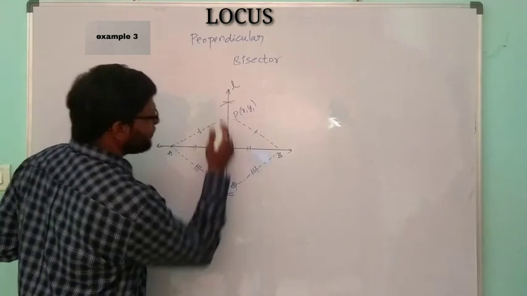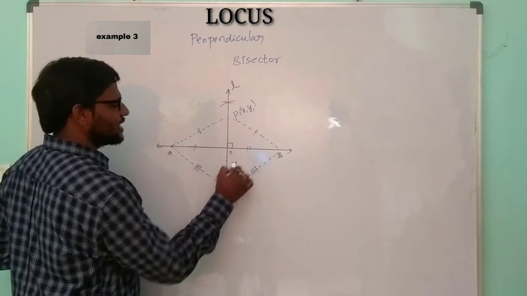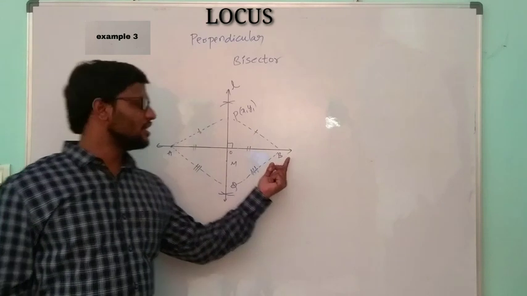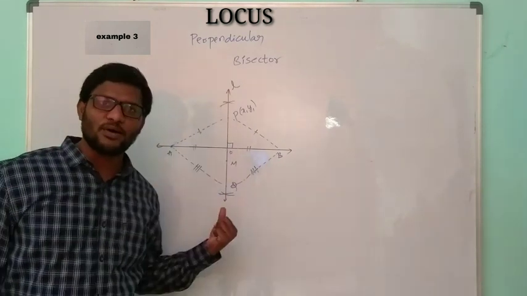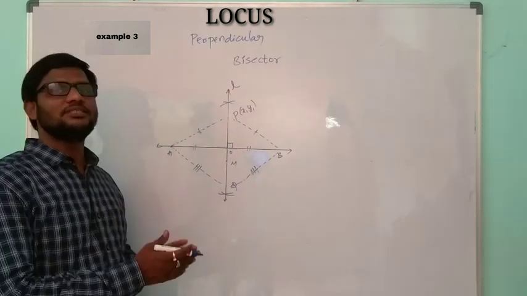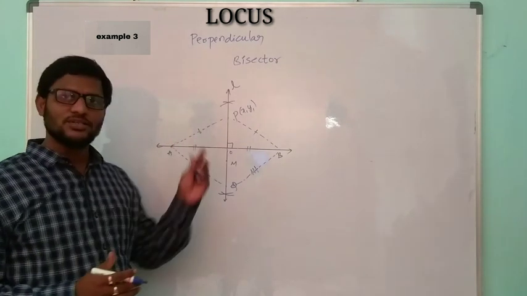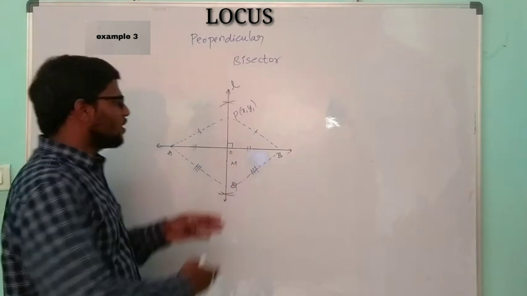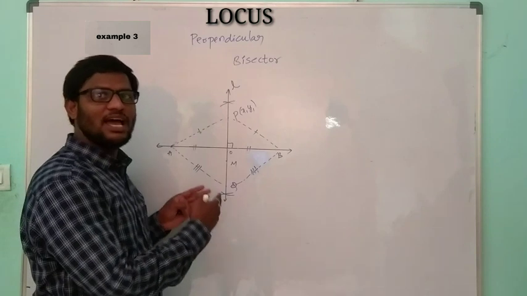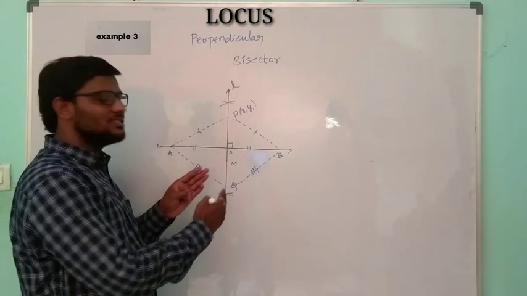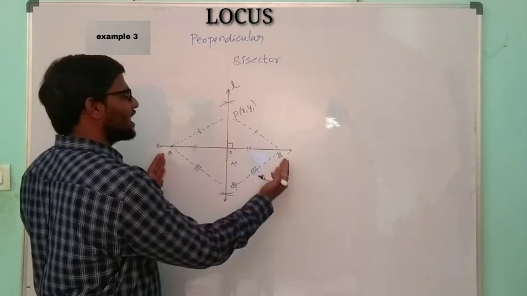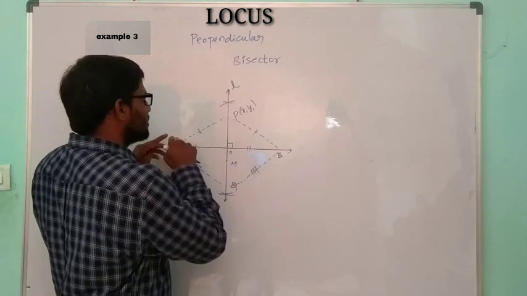So each and every point on this line, if this is M, MA equals MB. Any point on this line is equidistant from both A and B. So it is also a locus. The set of all these points has a common property, that is, the distance from points A and B is the same.